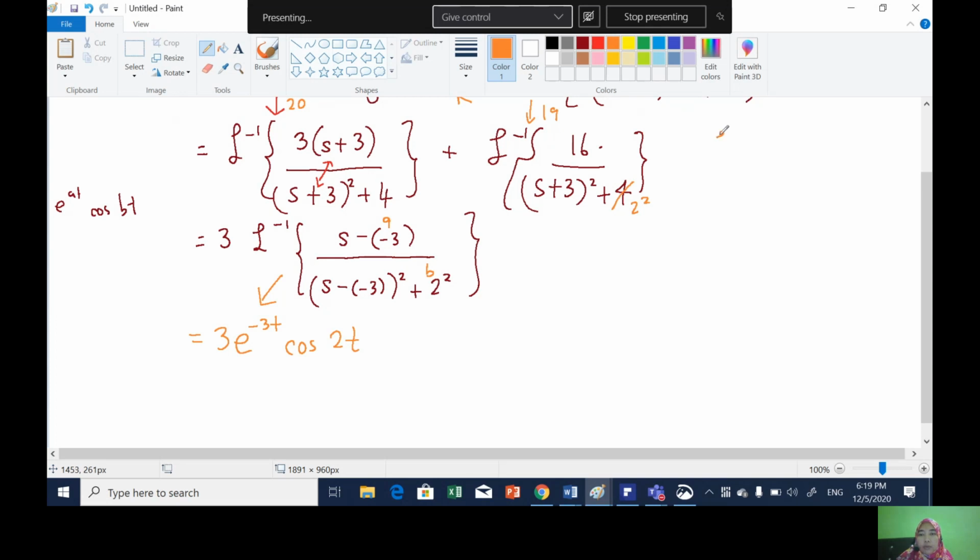I can write it like this: we want to find the inverse of 8 times 2 over s plus 3 squared plus 2 squared. You can put a minus here, no problem. If you're already familiar, there's no need to write the negative, but just for this one, to explain, I will write it down directly.